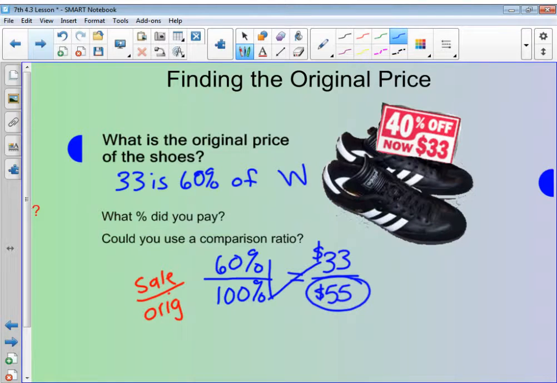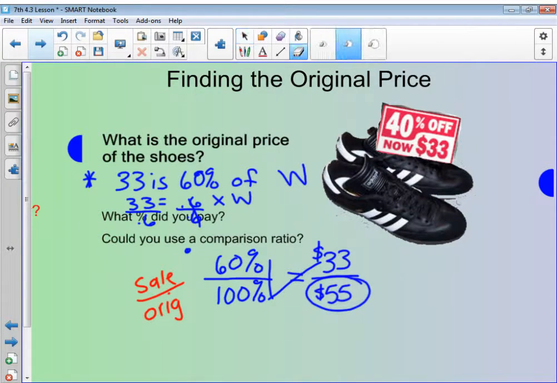And so then we would put 33 equals 0.6 times W, and then divide by 0.6 on both sides. It's still going to give you the same $55. This is hard to set up that way. It's confusing. This visually is so easy to see and so easy to set up. You just have to remember, you have to find what your percent was that you paid. And we've done that on every single one that we've done.